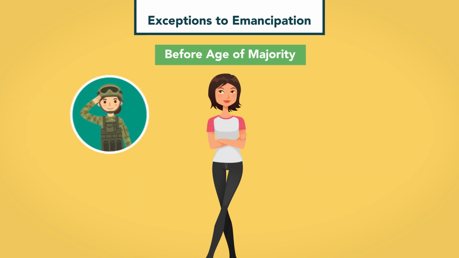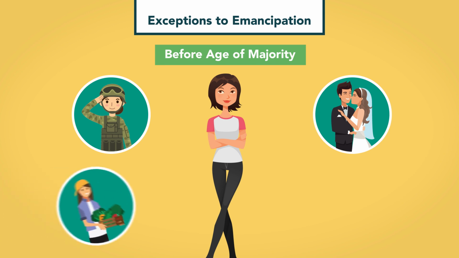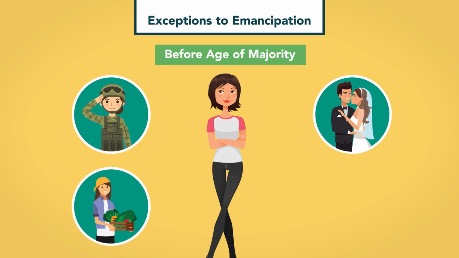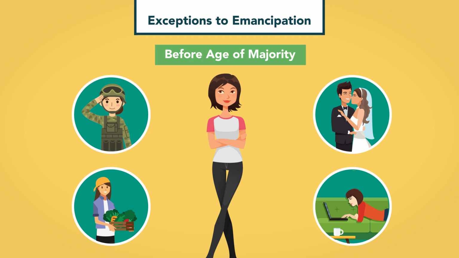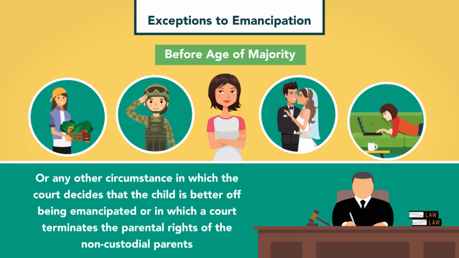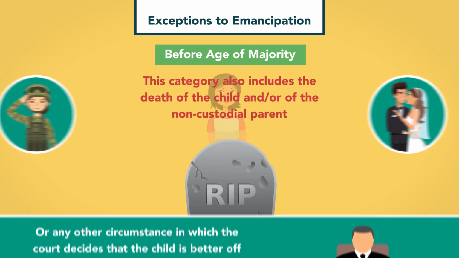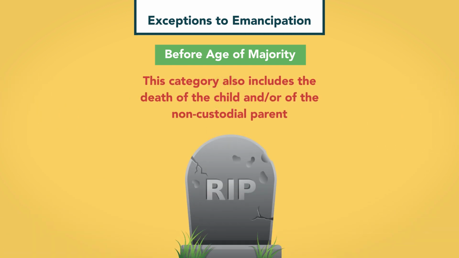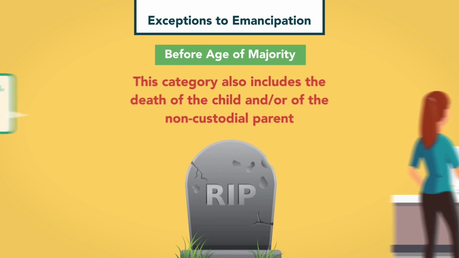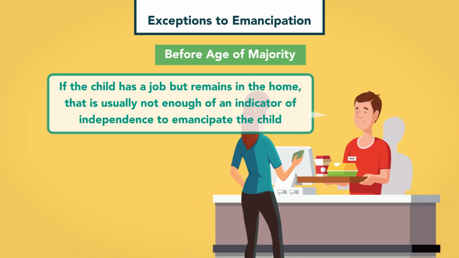That would include active service in the military, marriage, graduation from high school with a job before the age of majority, proof that the child is living independently away from the home of the custodial parent, the child's deportation, or any other circumstances in which the court decides that the child is better off being emancipated or in which a court terminates the parental rights of the non-custodial parents. This category also includes the death of the child and/or of the non-custodial parent. However, if the child has a job but remains in the home, that is usually not enough of an indicator of independence to emancipate the child.